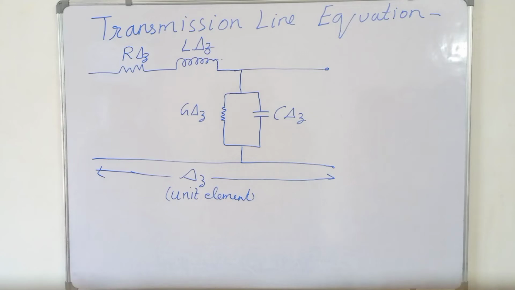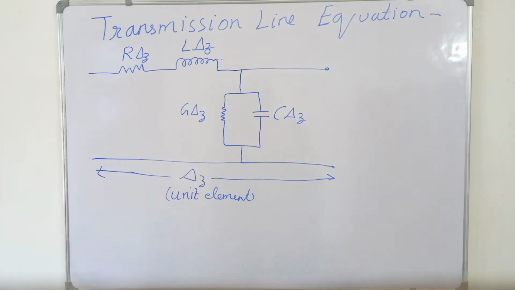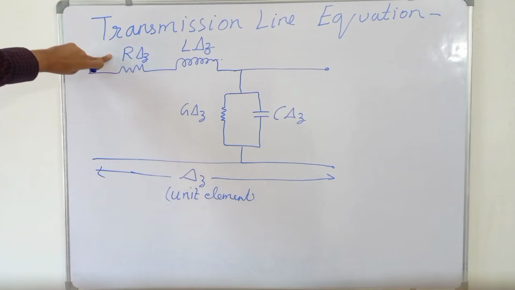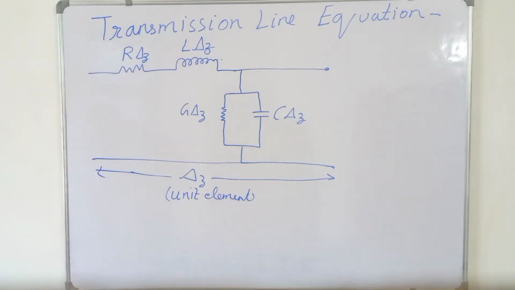So to find their exact value for this unit element of length delta Z, we multiply by delta Z, because this is resistance per unit length, so it is multiplied by delta Z to give the exact value of the resistance.